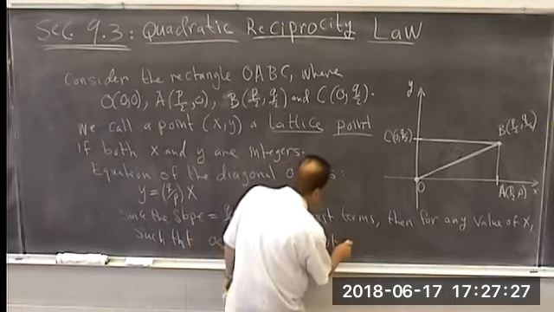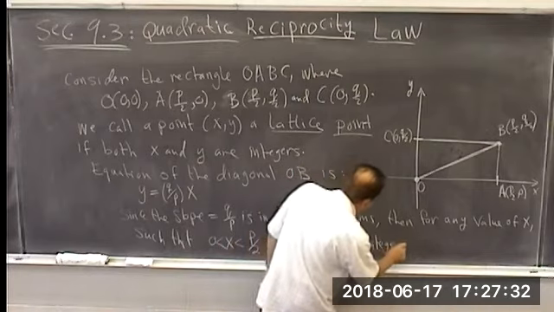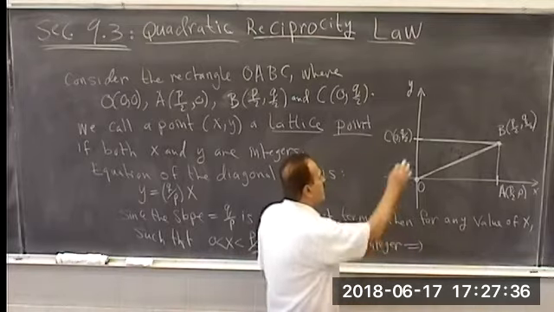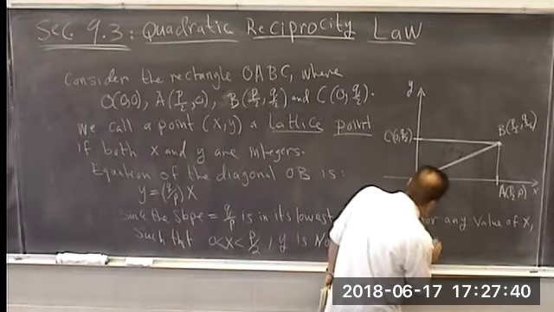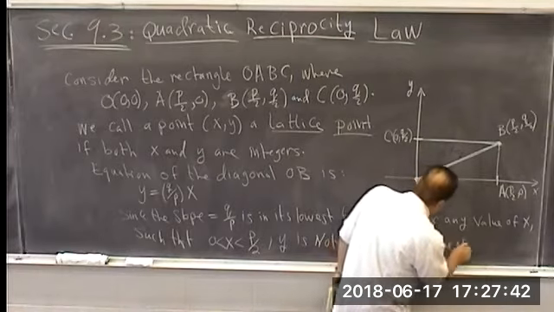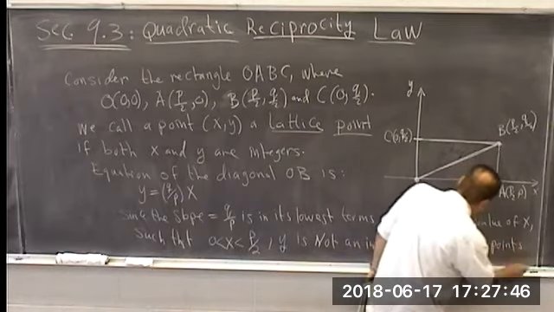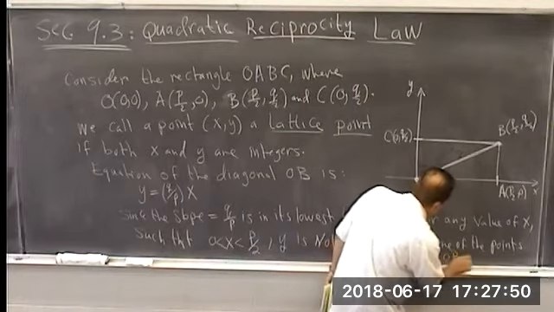And this implies that none of the points on the diagonal OB are lattice points.